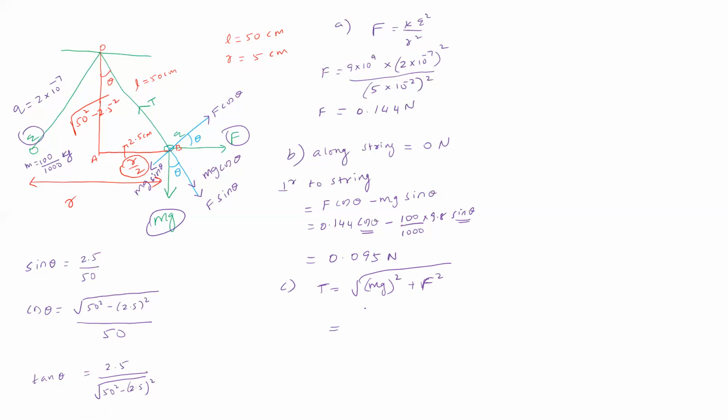So we know m is 0.1 kilogram, into g 9.8, whole square, plus F we got 0.144 whole square. By taking the square root, we can get the tension. Simplifying this, the tension in the string is 0.986 Newton. Next, let us solve the fourth one.